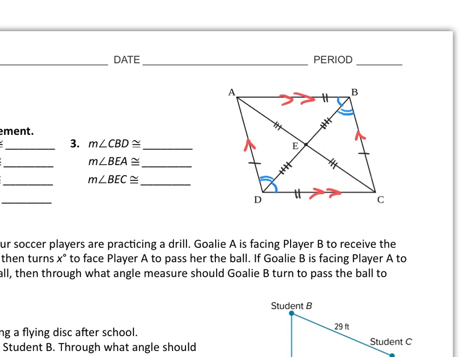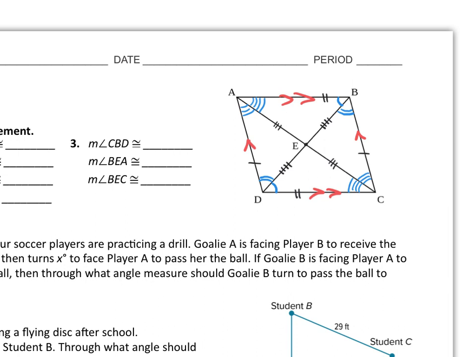And as we work our way around, this angle ACB is going to be congruent to CAD. And the last sets of angles are going to be congruent. Those are based on parallel lines cut by a transversal.